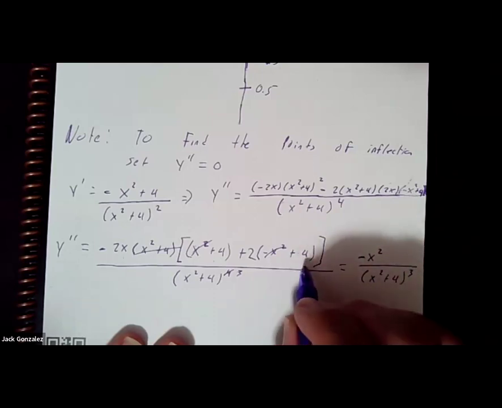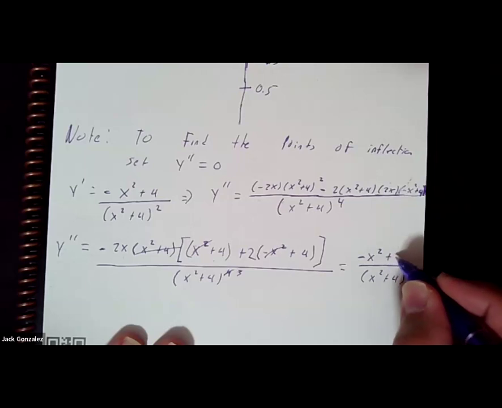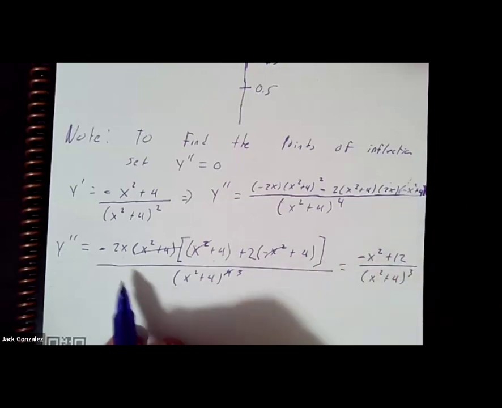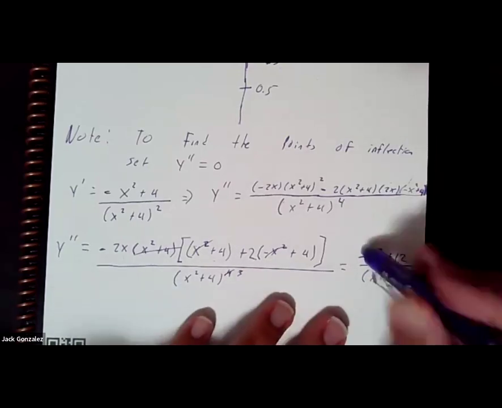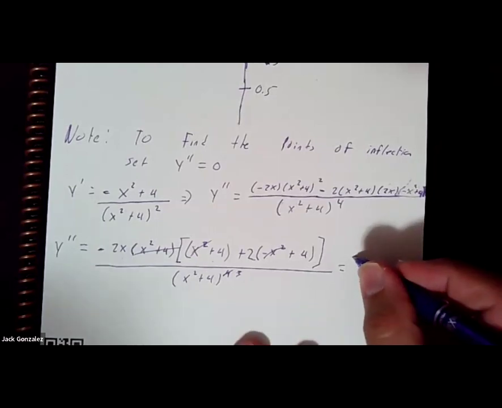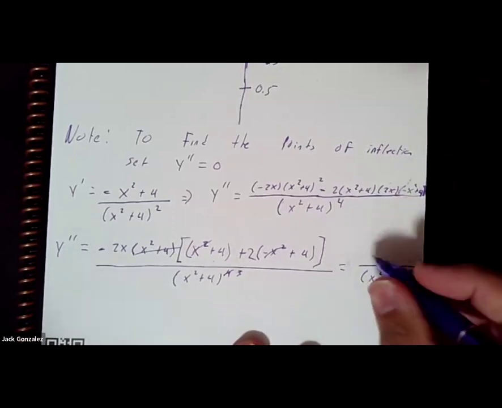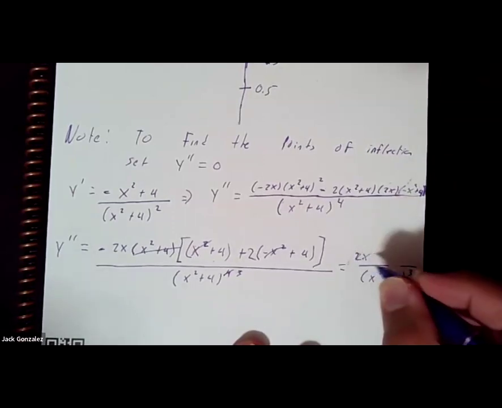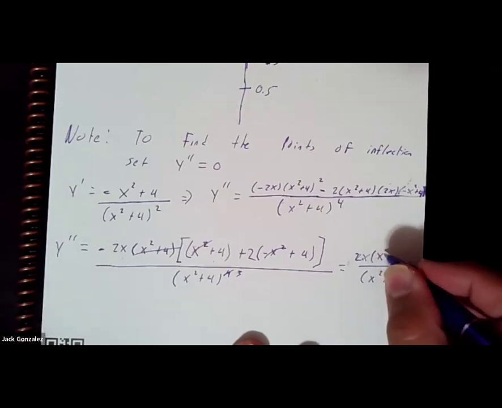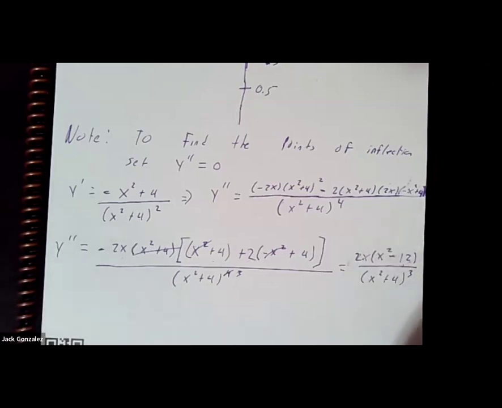Plus 4 times 2 is 8, plus 4 is 12. And then we've got that negative 2x out here. Yeah, there we go. Sorry about that. Just skip this part here, but basically you'll end up with this once you do the algebra.